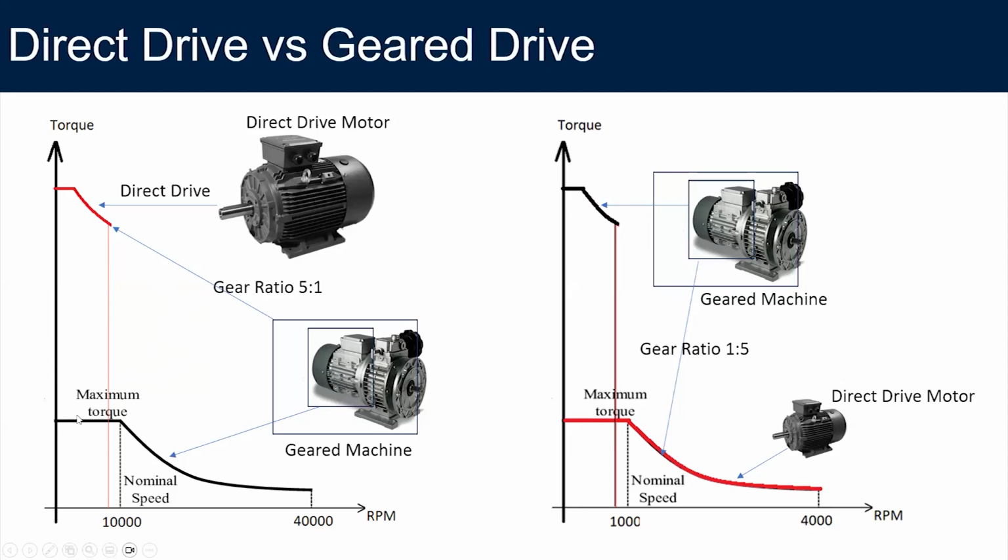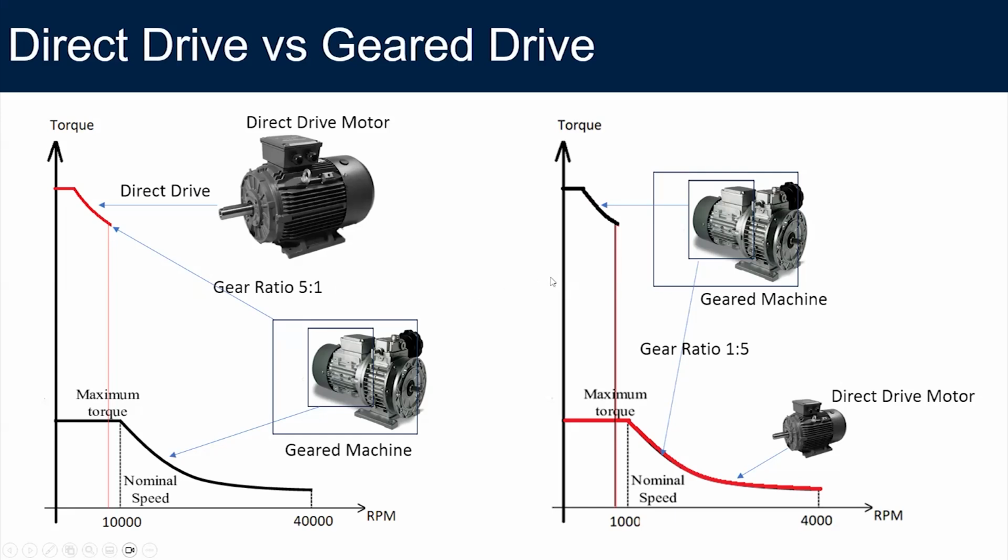The black curve here shows the torque speed profile that you would have for the high speed machine, coupled with a gearbox and the input shaft. The combined gearbox and the high speed machine would produce this red torque speed profile. So it's a gear ratio, for example, I mentioned 5:1. So the speed would reduce, the torque would increase.